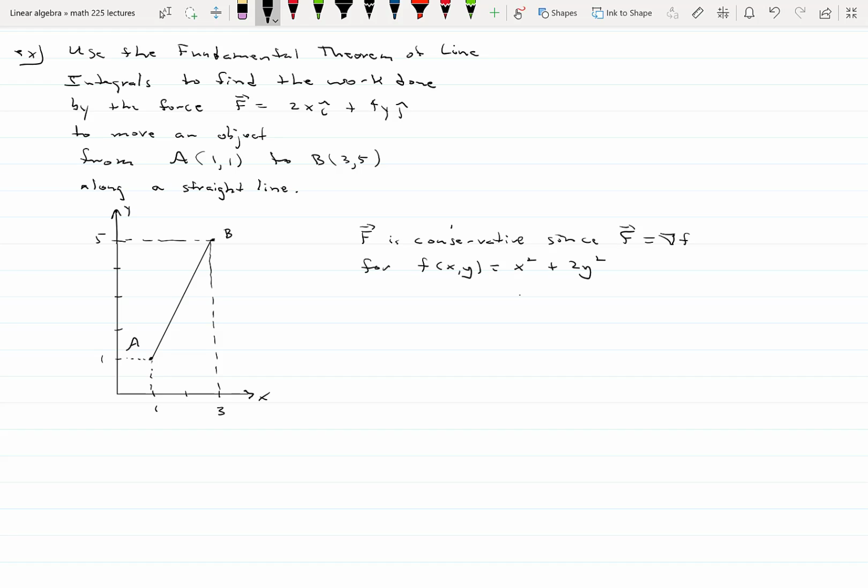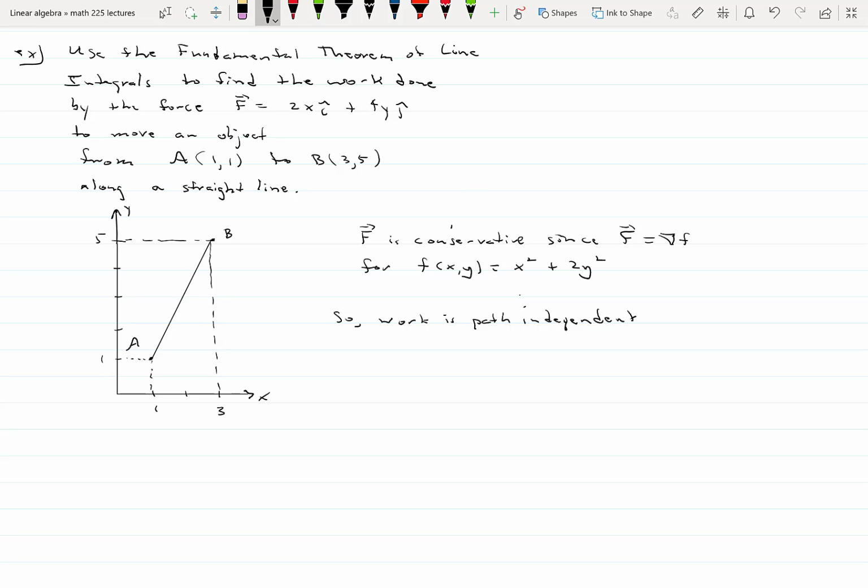Since we found that we have a conservative force, the work does not depend on the path. The work is path independent. It doesn't matter if I took it directly there along a straight line or if I twirled around for 1,000 years in different curves and ended up at B finally.